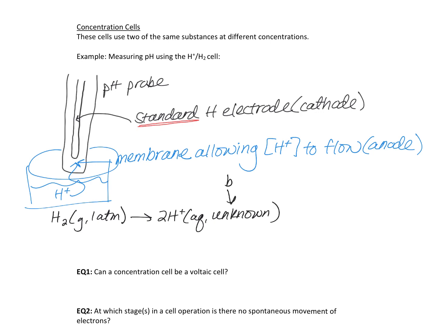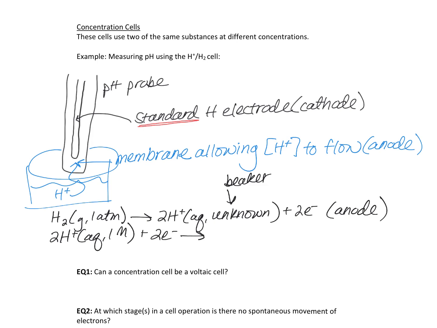You can think of this as from your beaker, plus 2 electrons. Okay, this is the anode. And then in the cathode, we have 2H plus aqueous at 1 molar, plus 2 electrons, make H2 gas at 1 atmosphere.